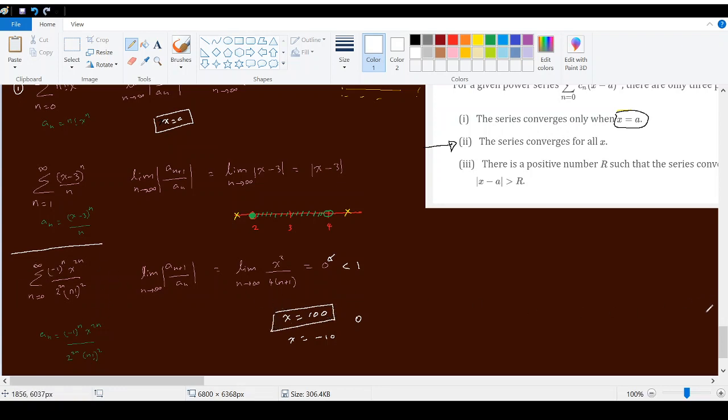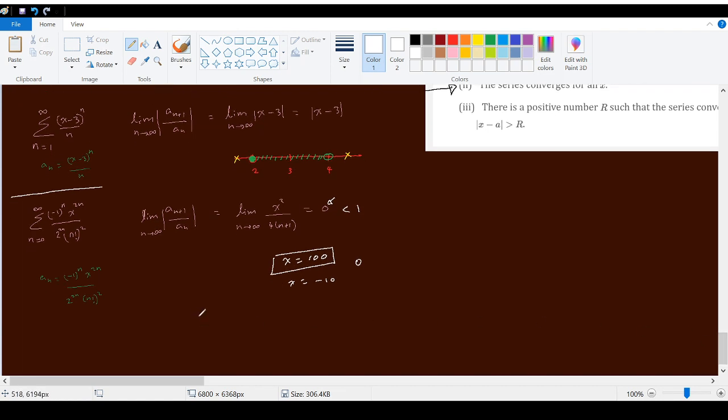Now let's say, for example, if we have 153 for x, let's have it as negative. So the series will be (-1)^n (-153)^(2n) divided by 2^(2n) (n factorial) squared, and at once you can say that this series converges, because no matter what value of x we choose, the limit of the ratio test will be equal to 0.